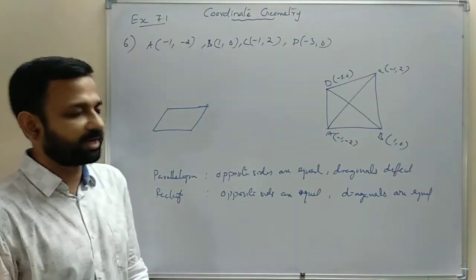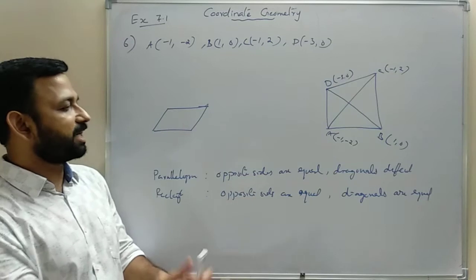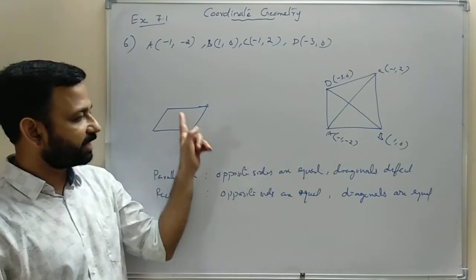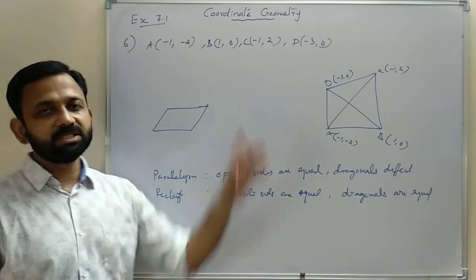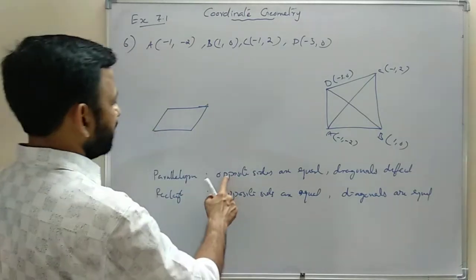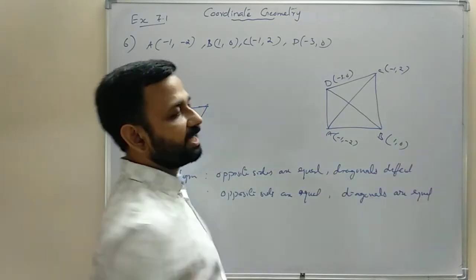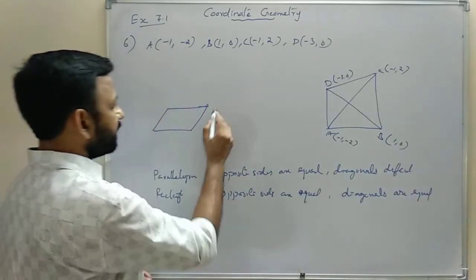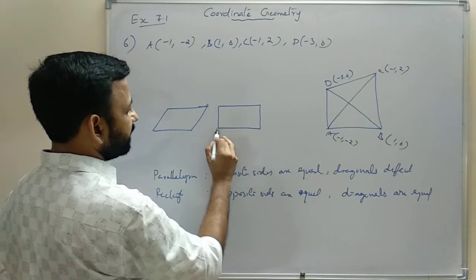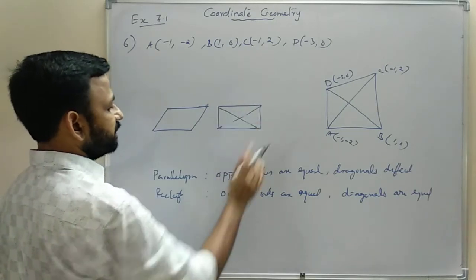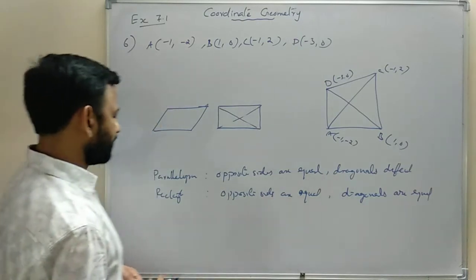A rectangle is a parallelogram. But if it is only a parallelogram, if it is not satisfying the property of a rectangle, then the diagonals will be different. So, if opposite sides are equal and diagonals are different, then we can say it is a parallelogram. And if opposite sides are equal, then diagonals are equal, then it will be a rectangle.